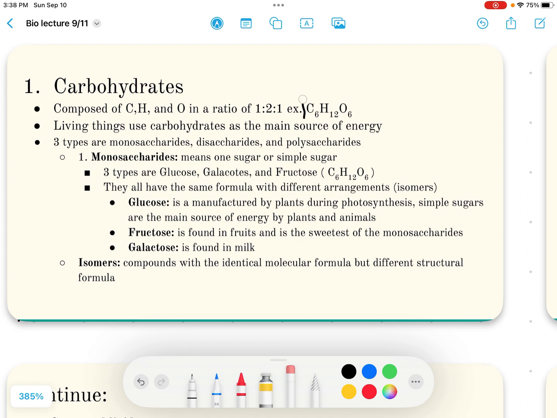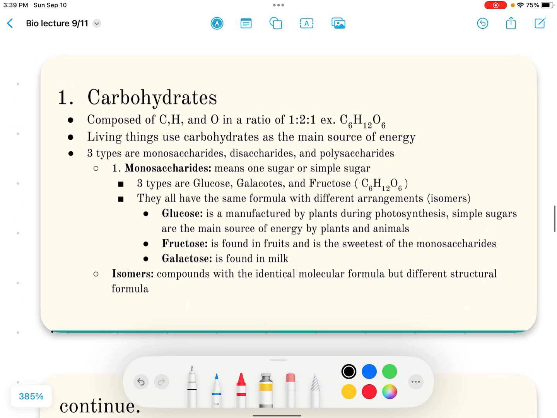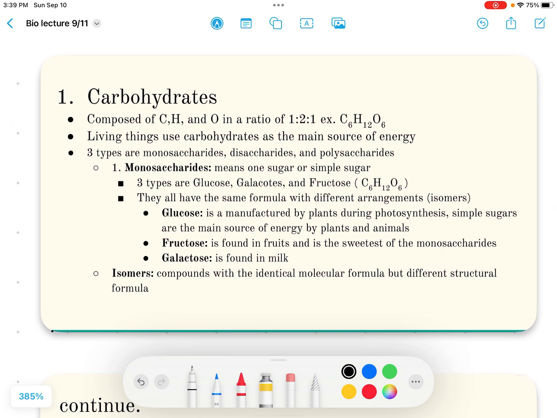So anytime we talk about C6H12O6, we're talking about glucose. Living things use carbohydrates as our main source of energy. That's why when we need energy, a lot of times we need to bring in some sort of sugar or carb to give us energy.